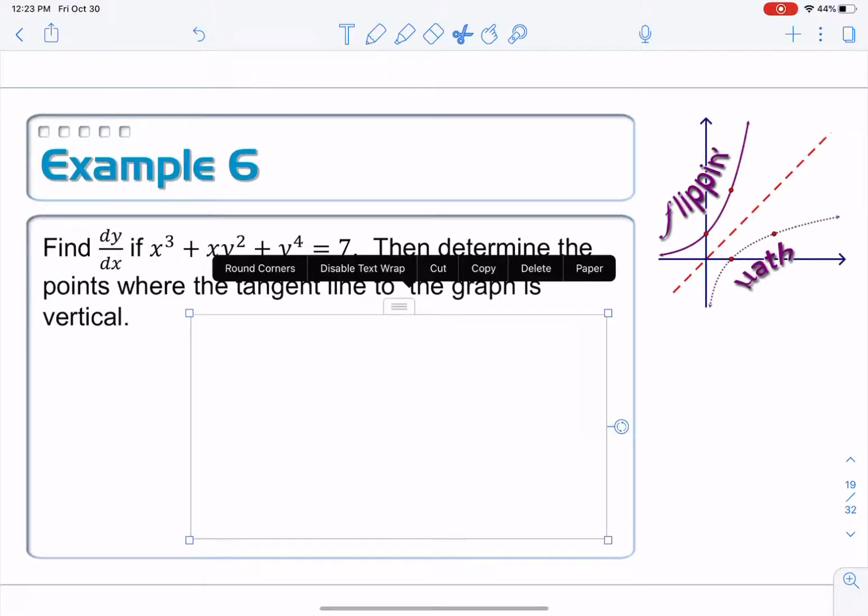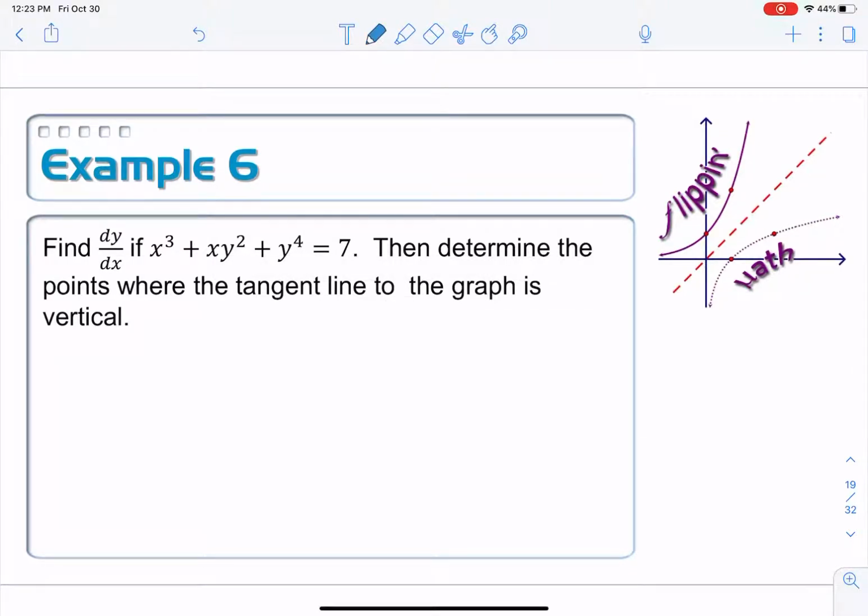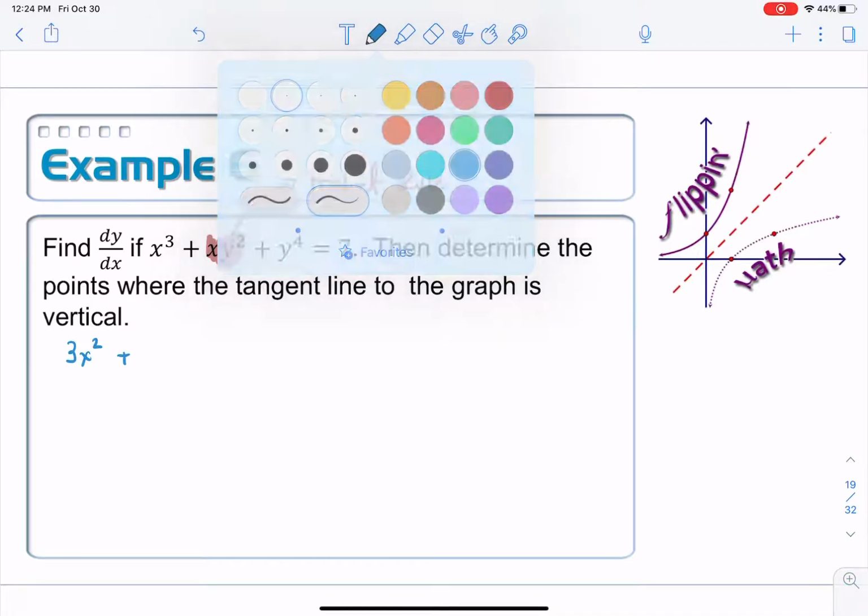So let's see, taking the derivative, on the left-hand side, we'd have a 3x squared. Don't have to use the chain rule on that part. Plus, and now when I take the derivative of this xy squared, remember what I said, we will have to use the product rule on that, because it's a product of two functions.